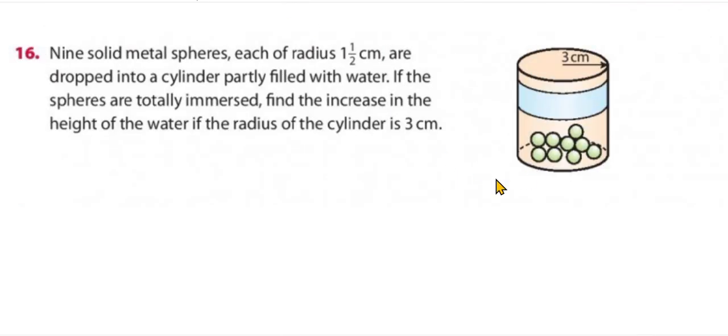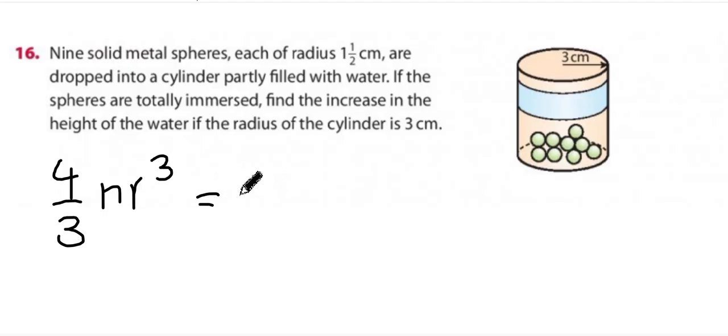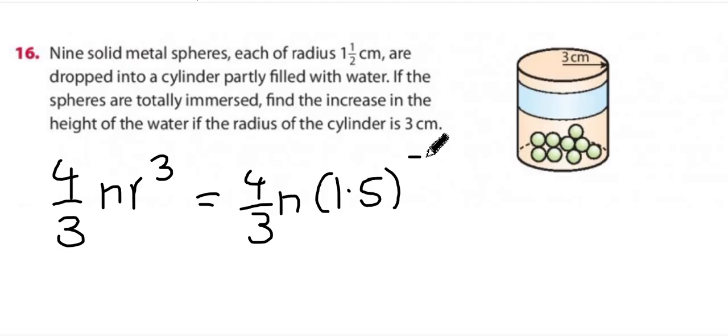First thing I'd like you to do is get the volume of one sphere. The radius of the small sphere is definitely 1.5. And we're just going to work that out. So what do we get?